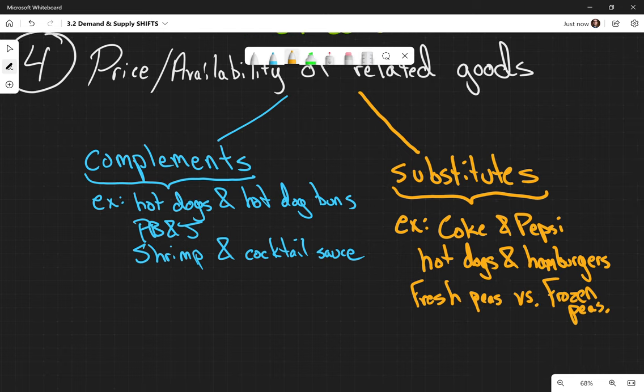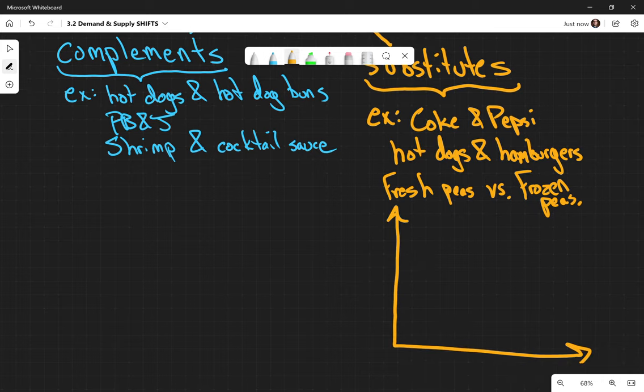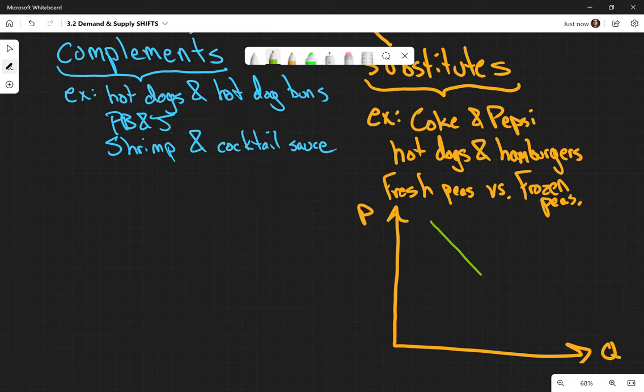Let's do an example real quick. If we have the following setup, we've got some downward sloping demand curve like this, and my market is frozen peas.